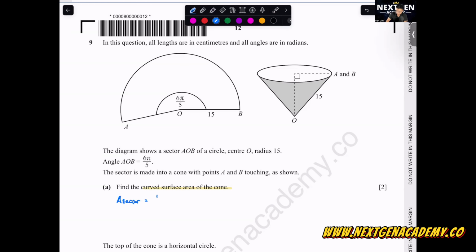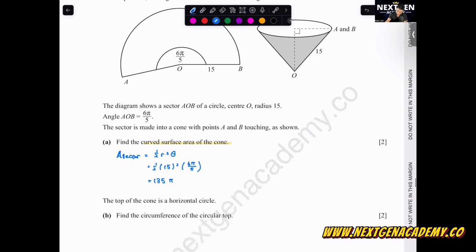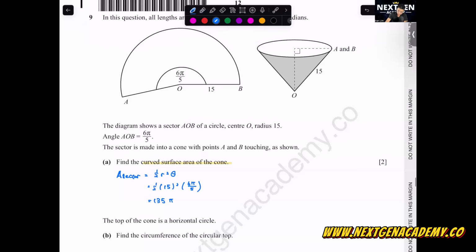Area of sector, the formula is half r square theta. So half 15 square theta, this one is in terms of radian, 6 pi over 5. We get 135 pi. Next one. The top of the cone is the horizontal circle. Find the circumference of the circular top. So we can say that this arc is equals to this circular part, after you fold it up.